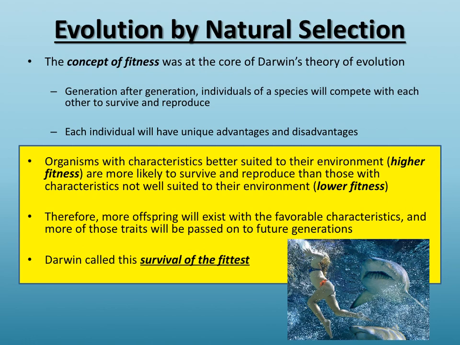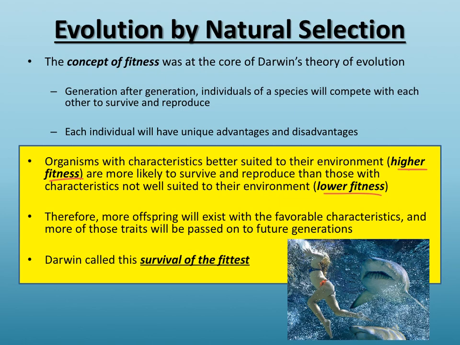All right, so again, if we look in our important yellow box, organisms with characteristics better suited to their environment, aka higher fitness, are more likely to survive and reproduce than those not well suited to their environment, or lower fitness.